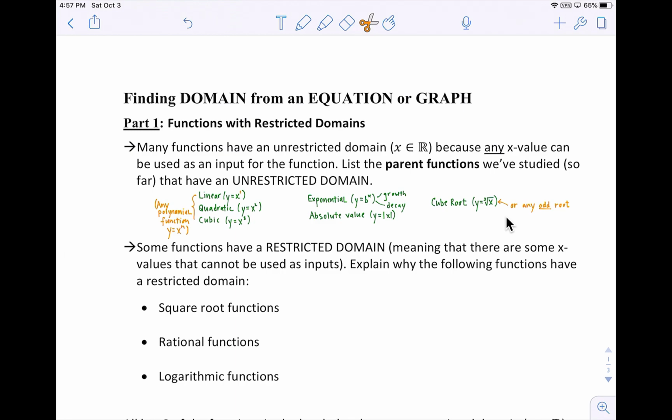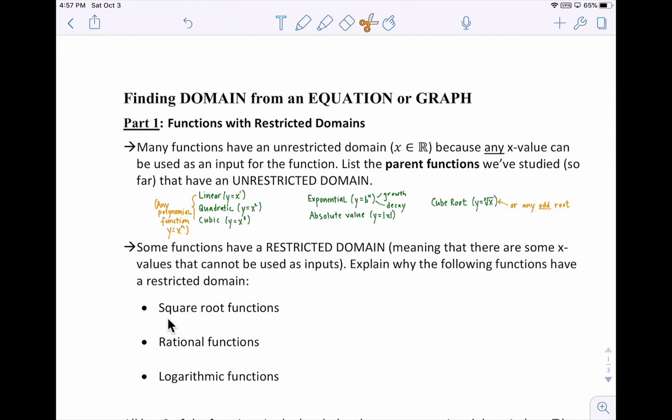Okay, but there are a few functions that we've explored that have restricted domains. So for the second part here, I want you to focus on the 3 functions that we did not list above: the square root function, the rational function, and the logarithmic function. Okay, and take a minute and think here. And we explored this in yesterday's Desmos activity, so you could always look back at that Desmos activity for more guidance if you want.